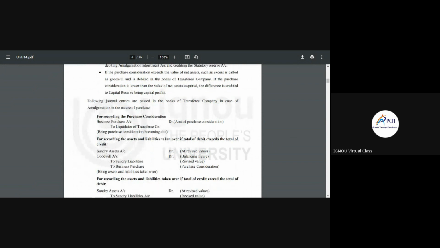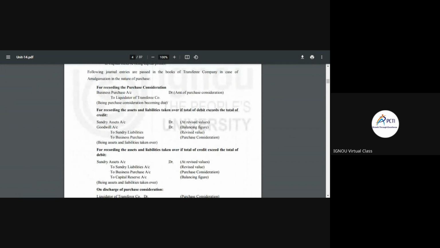Next, for recording the assets and liabilities taken over if the total of debit exceeds the total of credit: sundry asset account debit at revised value, goodwill account debit, that will be the balancing figure, to sundry liability at revised value, to business purchase, that will be the purchase consideration.